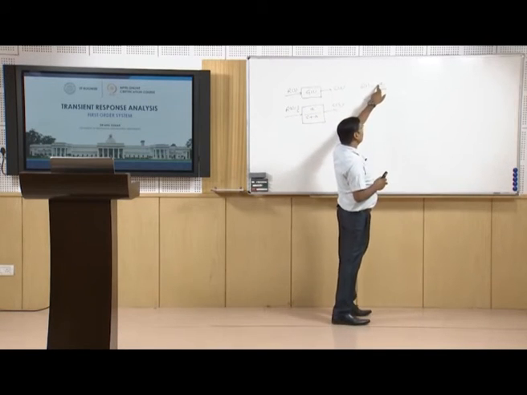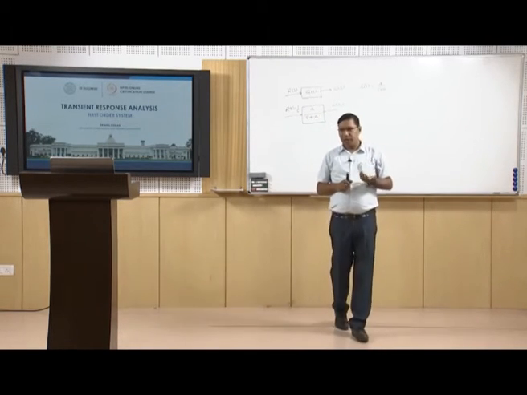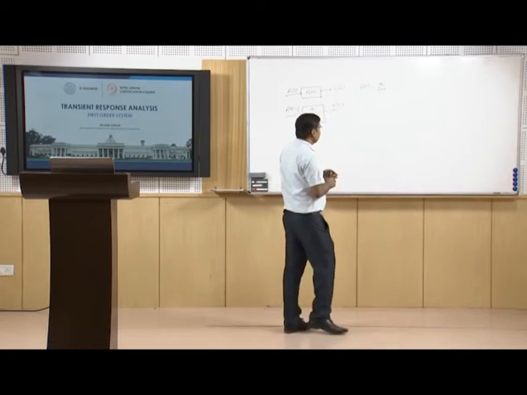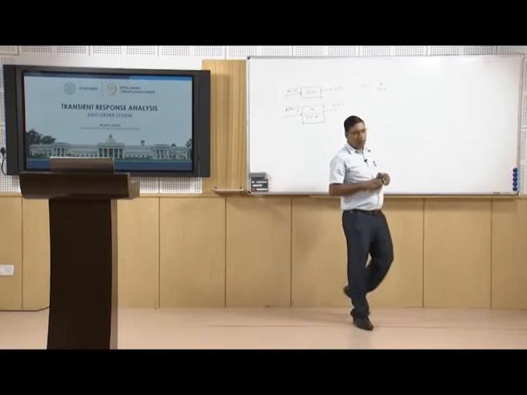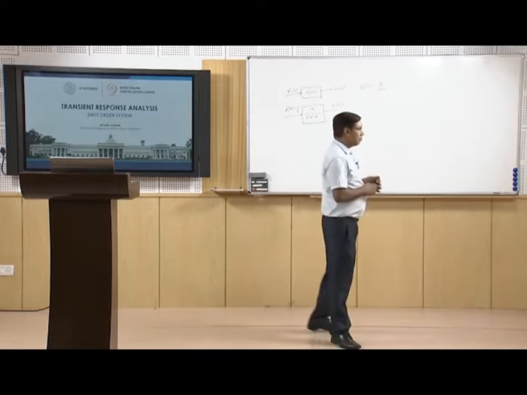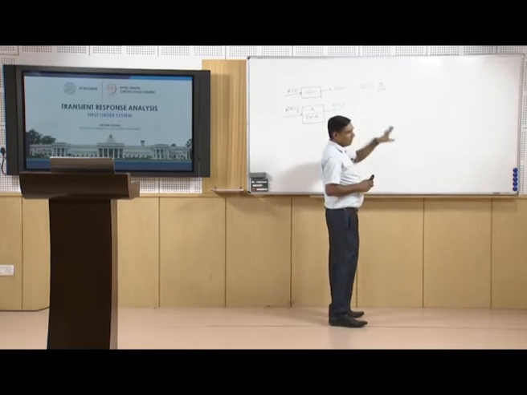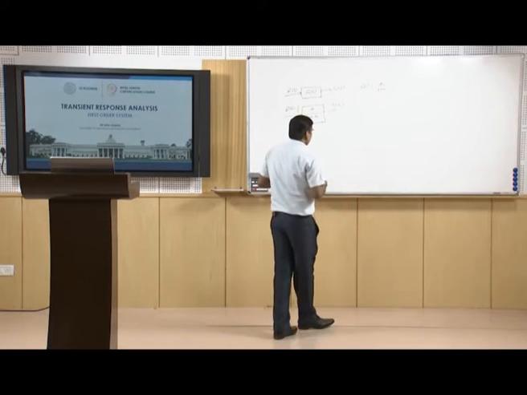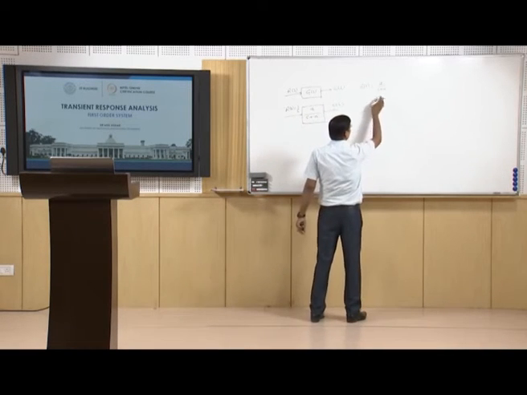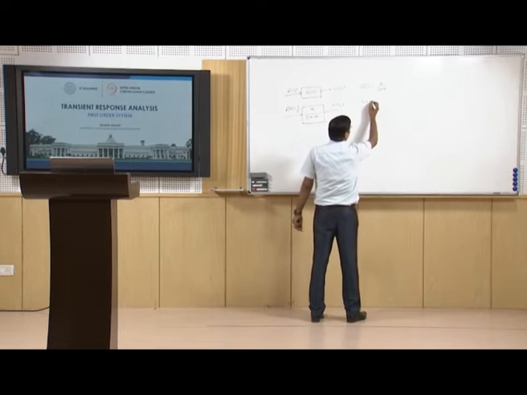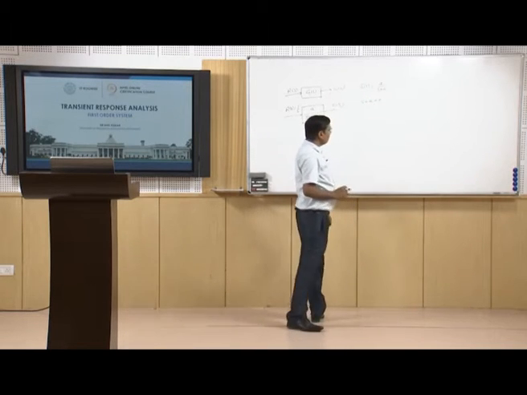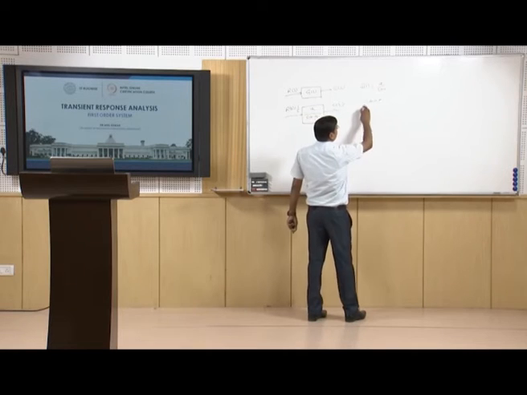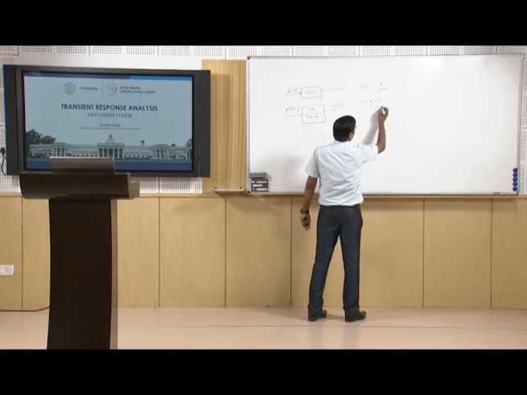Here we can also take some other value, like k or b, instead of a, but it will only affect the amplitude of the forced and transient response. So let's find the pole. Here s plus a equal to 0, so s equal to minus a.